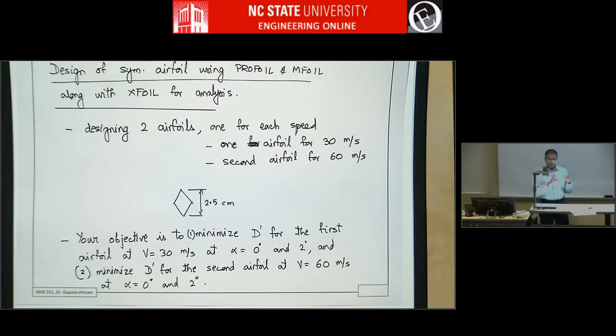Okay, so there are 2 airfoils. One is designed only for 30, the other is designed only for 60, but each one at its respective speed, you're trying to minimize drag for 0 degrees and 2 degrees.